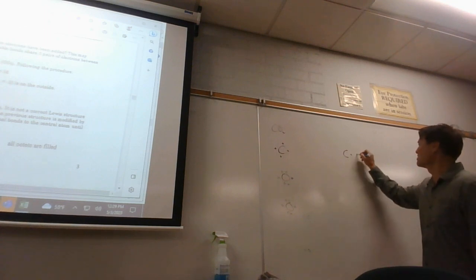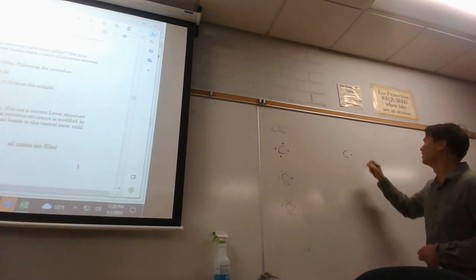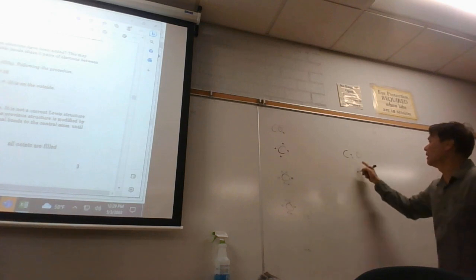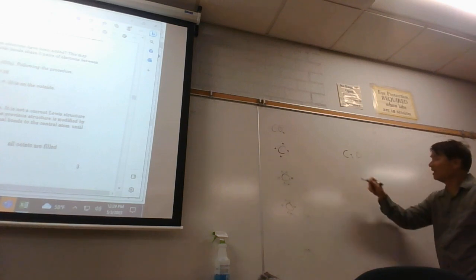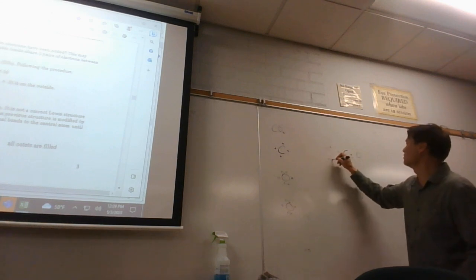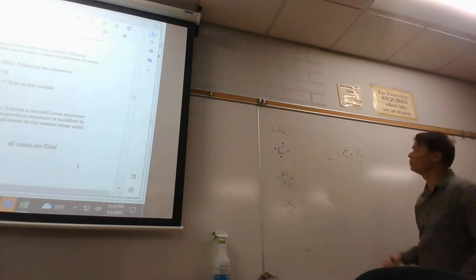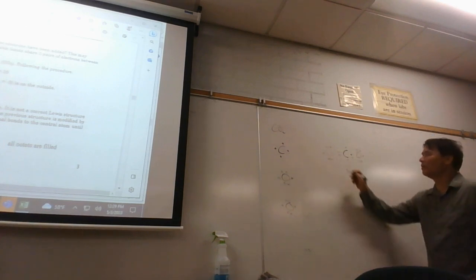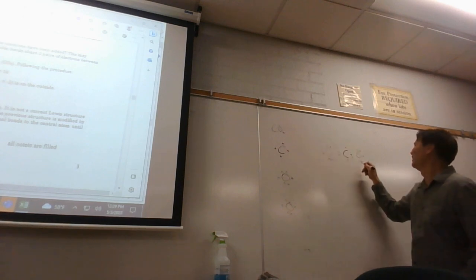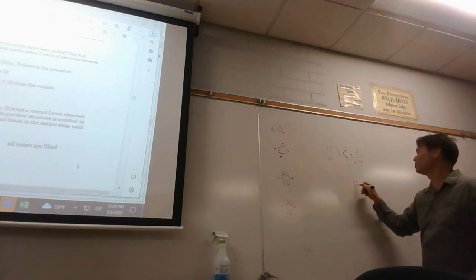And so if we throw in an oxygen here, we can make 1 bond here. And then we throw another oxygen here, we can make 1 bond here. But the oxygens are going to want to make 1 more bond. And the carbon's going to want to make 2 more bonds. And so what we'll do is we'll make a double bond here and here. And so we end up sharing 2 pairs of electrons.